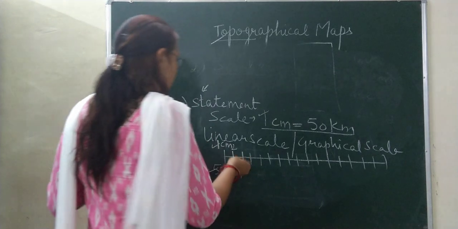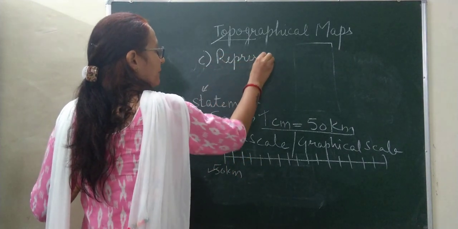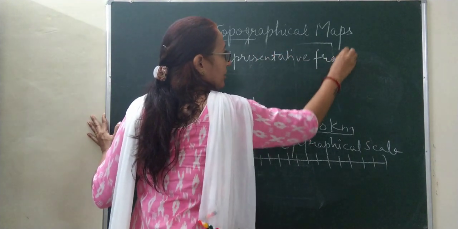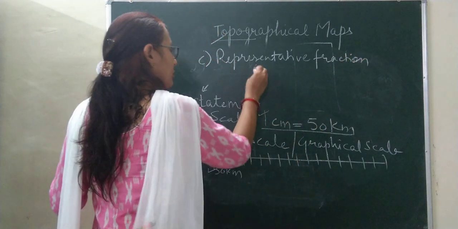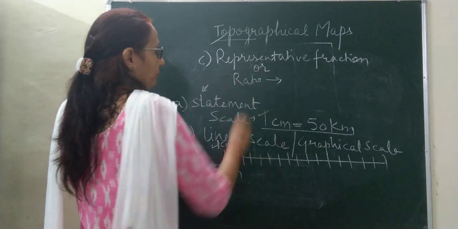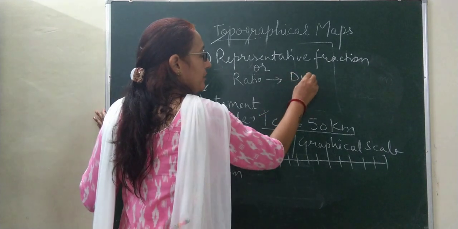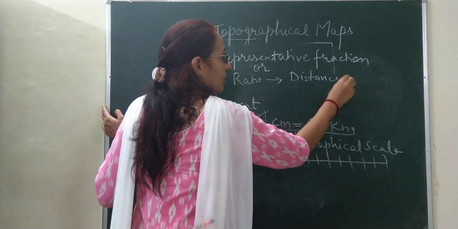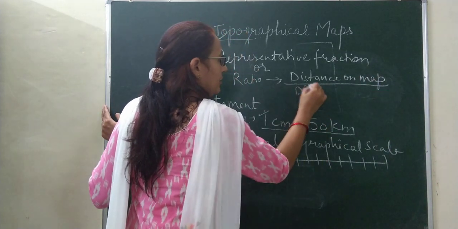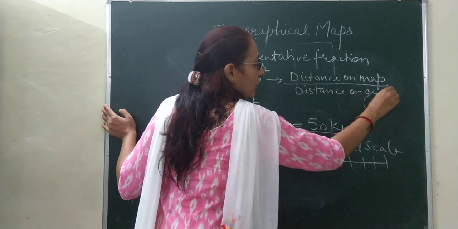Now what is the third type of scale? The third type of scale is representative fraction. What is the other name of this? Ratio. Representative fraction or ratio means distance on map over distance on ground.